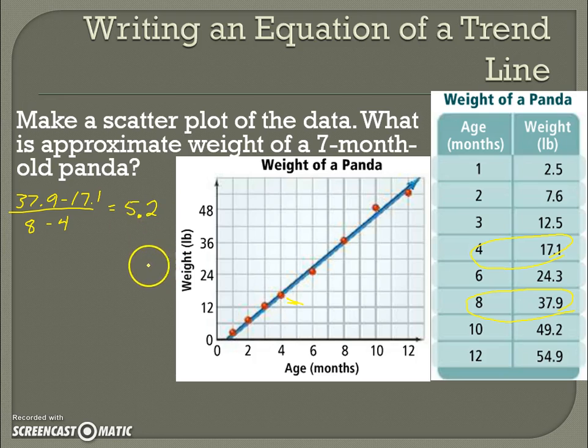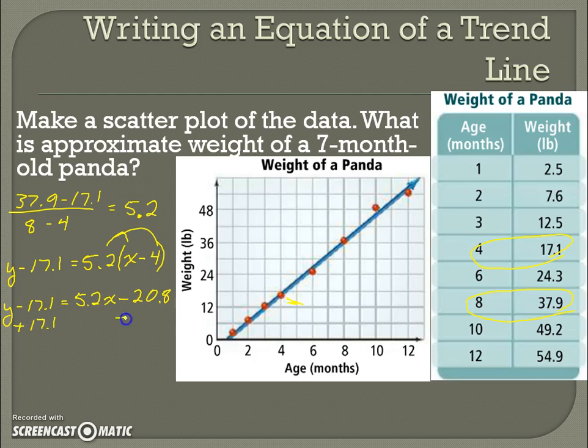And then in order to find the full equation, I'm going to use my slope and one of the points. I'll use that first one and use point slope form. So y minus 17.1 equals 5.2 times x minus 4. Distribute all of that, and I get y minus 17.1 equals 5.2x minus 20.8.